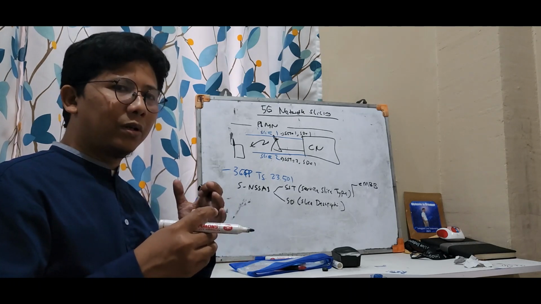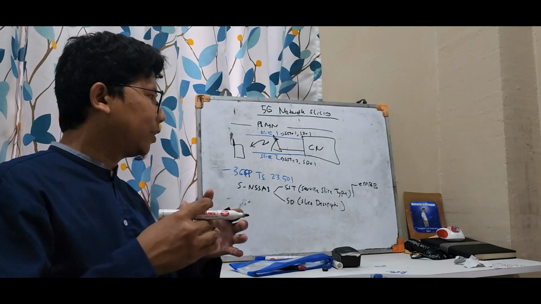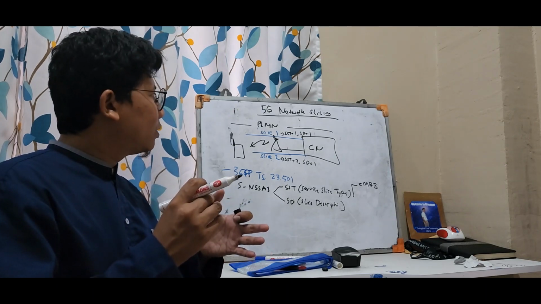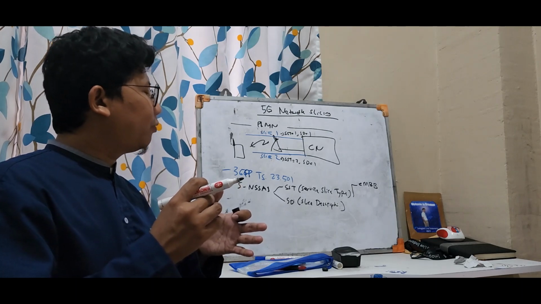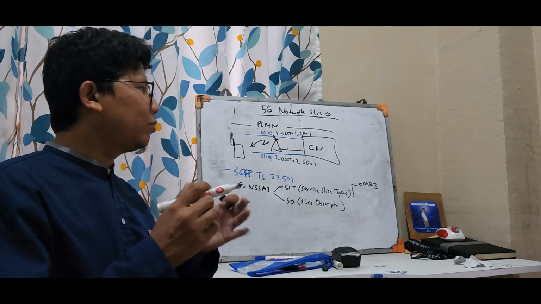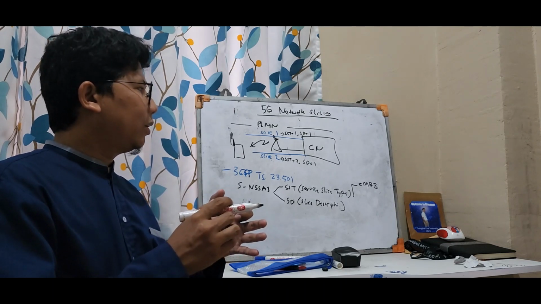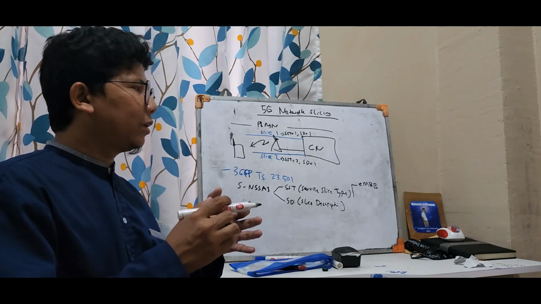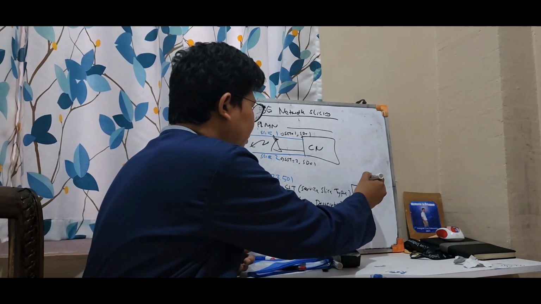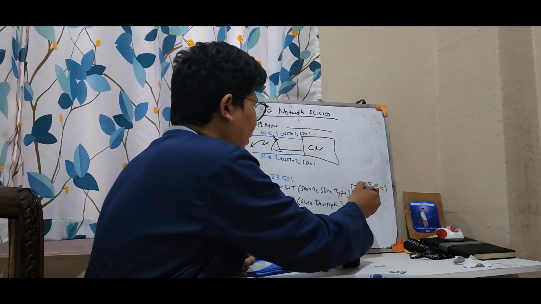So this is about distinguishing services into slices. So if we put SST 1, it means we would like to define an eMBB slice.